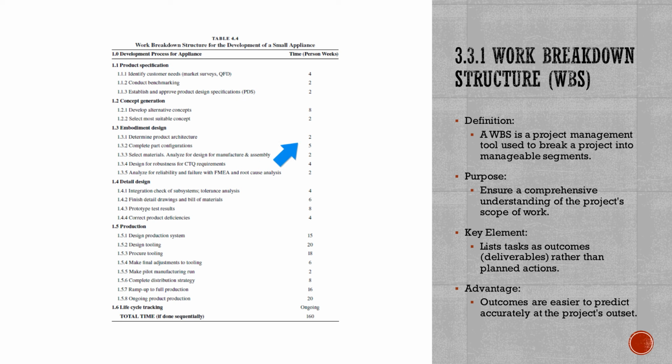Okay, so this is a WBS. For your project, you need to make this WBS so that you can understand what activities are required to fulfill the main task. Okay, so you need to do this also.